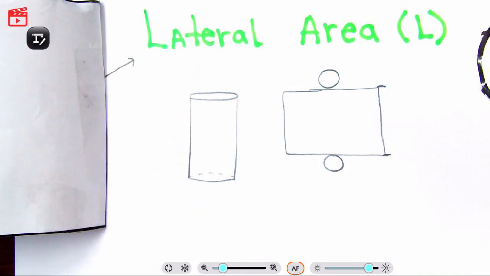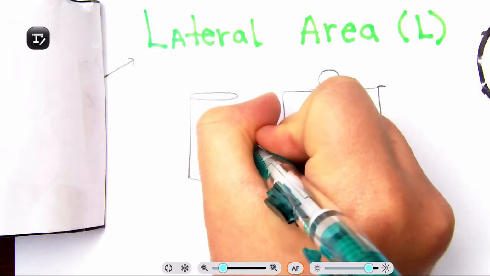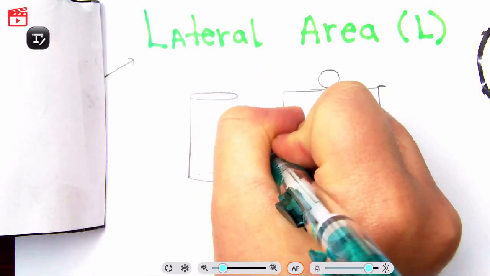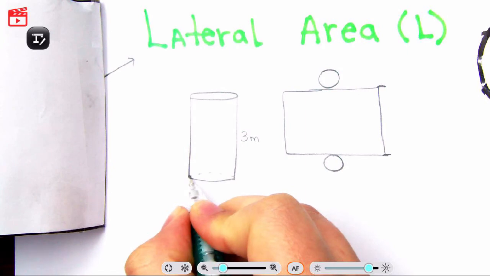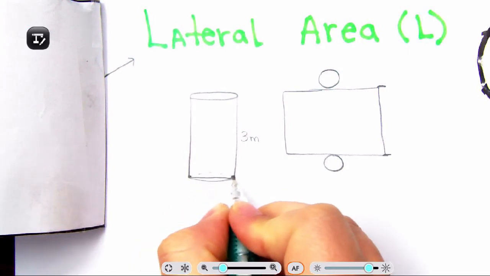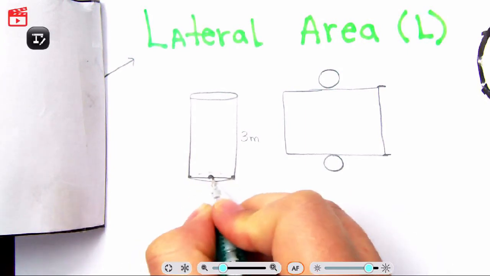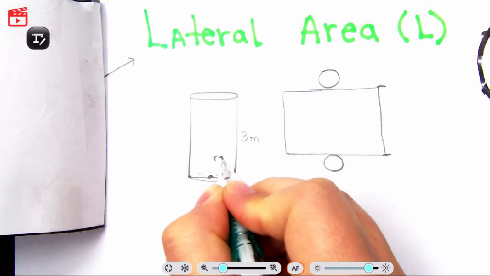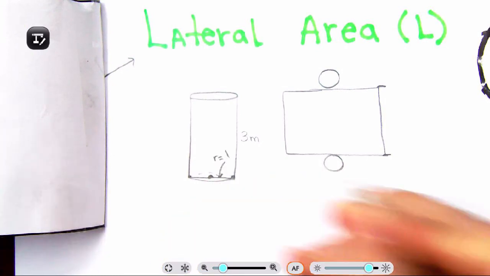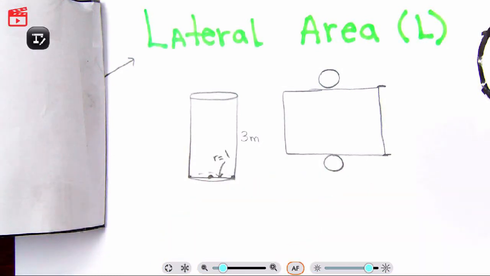So let's throw in some units of measure and then make sure that we can identify what we have. So let's make this 3 meters, and let's make this diameter, let's not. Let's make this the radius of 1. Let's just do basic numbers. So we have a height of 3 and a radius of 1.